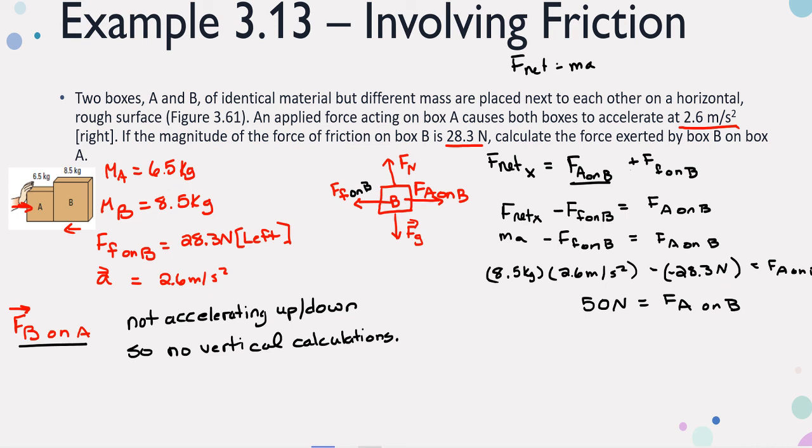And then we're going to apply the third law, which is the equal and opposite. So F B on A is equal to the negative of this value.